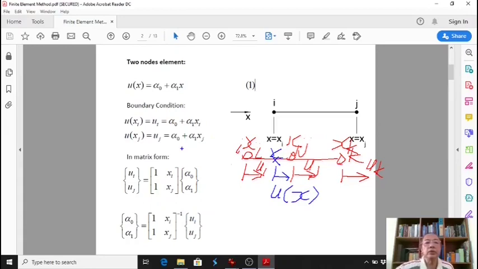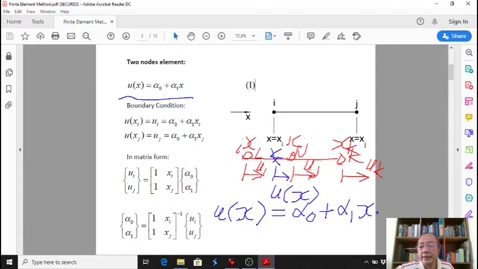So we need to consider again, in finite element, the displacement function u of x is predicted using a polynomial: alpha 0 plus alpha 1 x plus alpha 2 x squared.